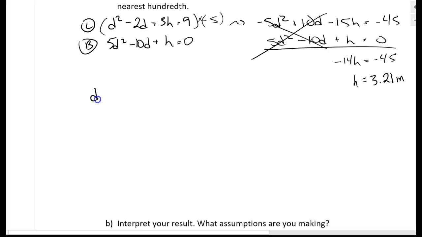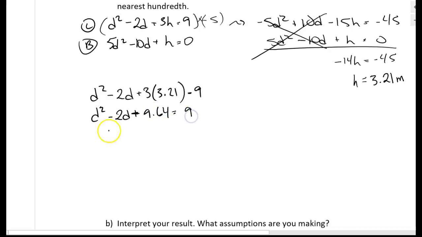So d squared minus 2d plus 3 times 3.21 gives me 9. d squared minus 2d plus 9.64 equals 9. So this is going to be d squared minus 2d plus 0.64 equals 0.